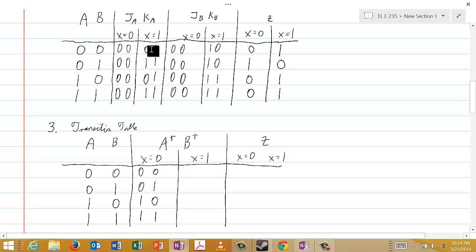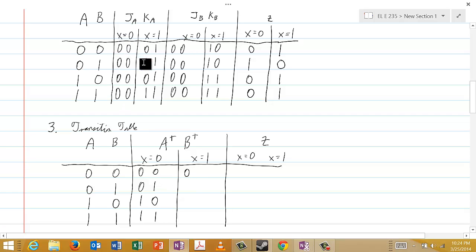Now when J is 0 and K is 1, that tells you that the next value of the output will definitely be 0. It doesn't matter what the present value of the output is, the next value will be 0. So we have a 0 there for the next value of A.